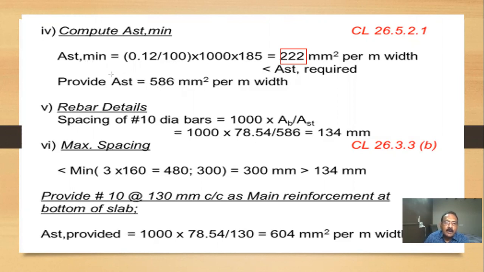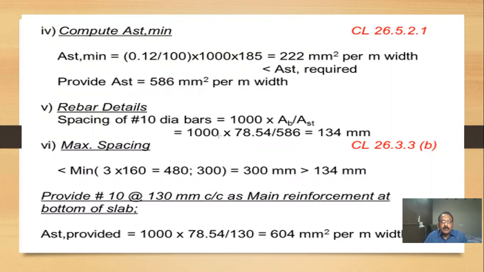But in our problem, from the moment of MU limit, we got 586 mm square per meter width. So this is the safe side. We will provide whatever we got. Otherwise, if you get a value of, say, 150 mm here, then you have to take this value. Hence it is safe, we will provide.